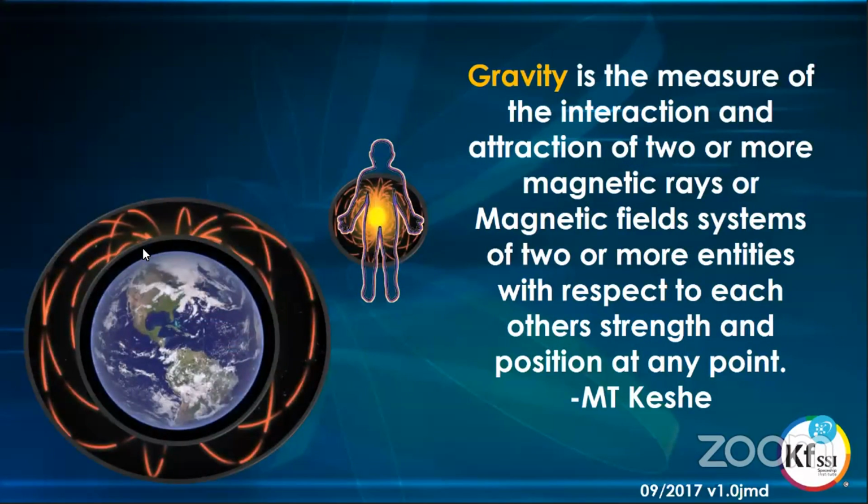So when we come back to the concept which we have introduced before, in terms of gravity and the way we understand it here on Earth, it is the measure of the interaction and attraction of two or more magnetic rays or magnetic field systems, or in a sense two entities, with respect to each other's strength and position at any point.